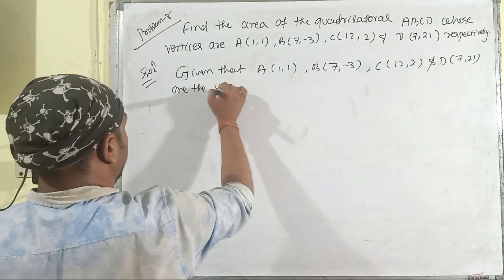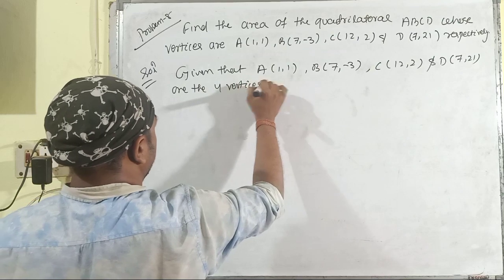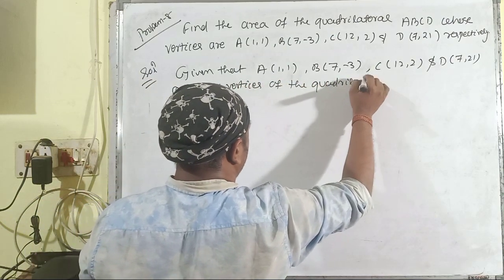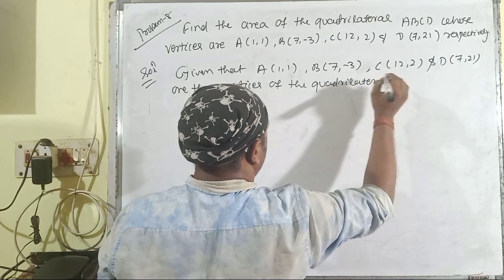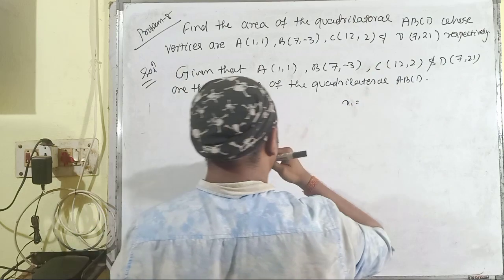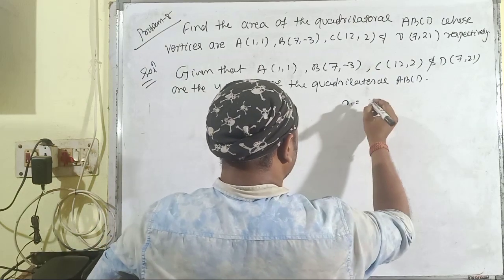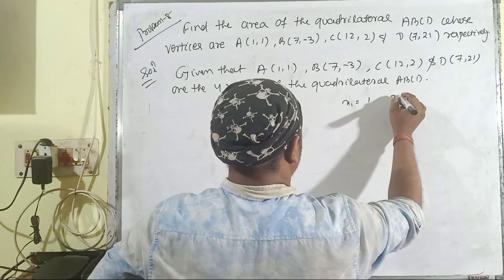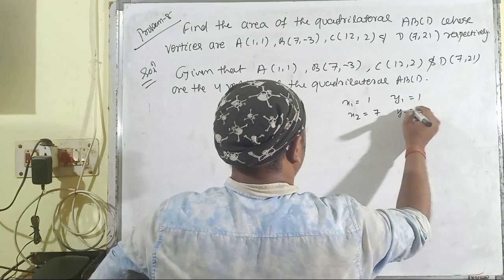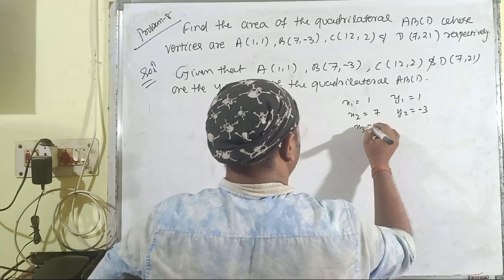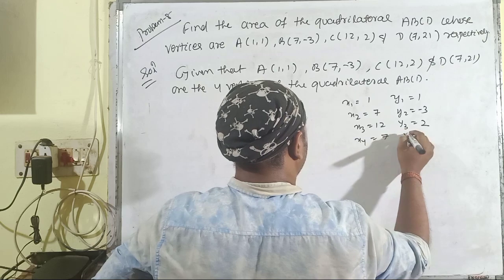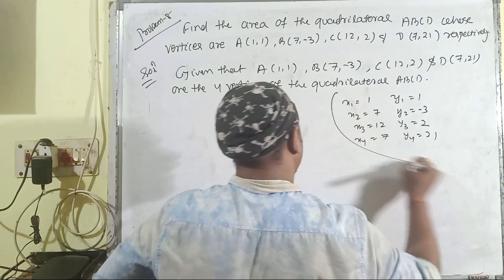are the four vertices of the quadrilateral ABCD. Here x1 is equal to 1, y1 is equal to 1, x2 is equal to 7, y2 is equal to -3, x3 is equal to 12, y3 is equal to 2, x4 is equal to 7, y4 is equal to 21.